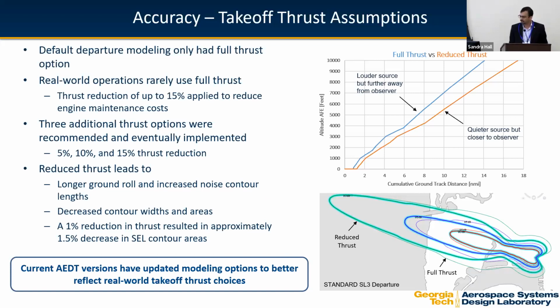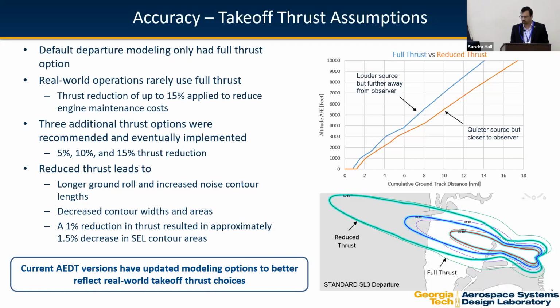So on the top right, we're looking at trajectories, altitude versus ground track distance, full thrust versus the 15% reduced thrust. And as you can see, the trajectory is affected quite a bit. Your reduced thrust will be a lot closer to the ground. But of course, your engine is operating at a lower thrust, so your source noise is lower. So there's definitely competing effects there.